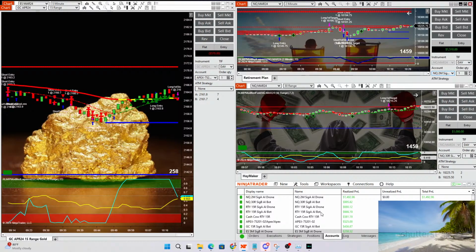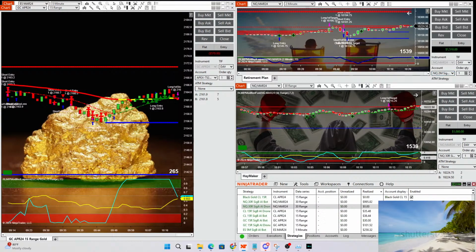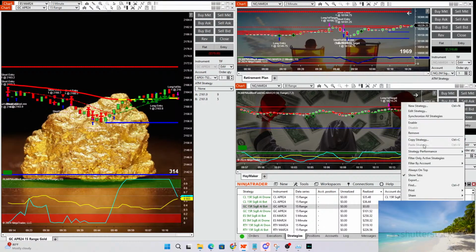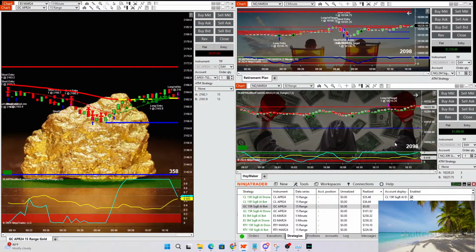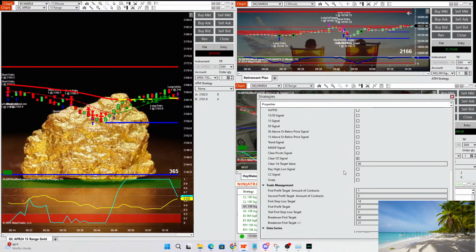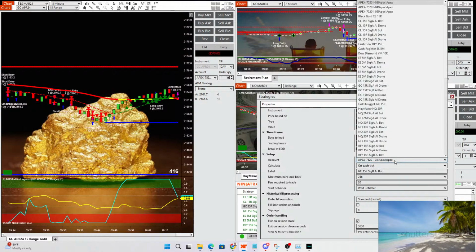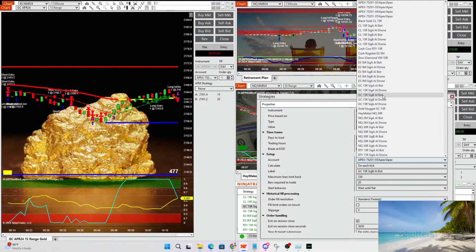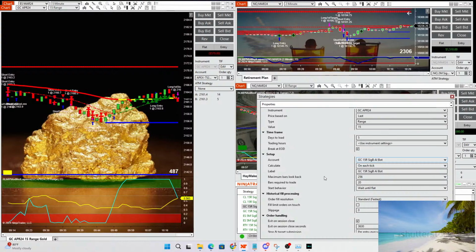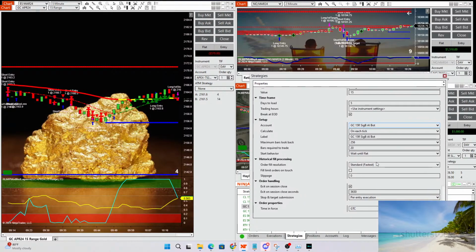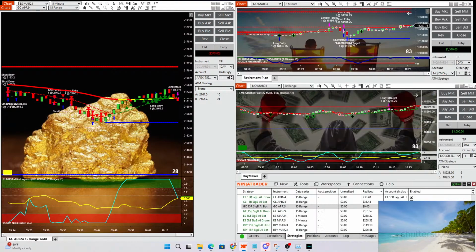So I'll find that last strategy. That's my Signal B AI bot. And I want to continue to run it and continue to accumulate data on it.